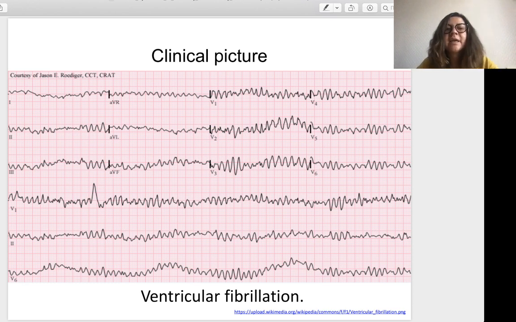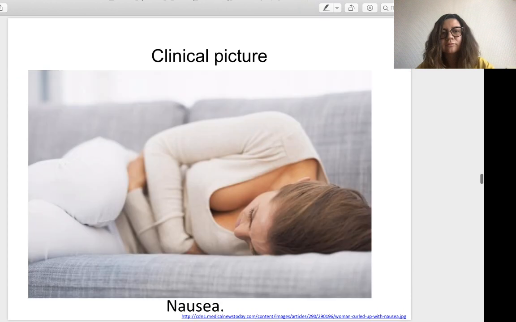And here you see ECG strips. It is an ECG recording of ventricular fibrillation, and it looks like a chaotic line without any rules, without any specific forms of waves, just chaotic and non-synchronous constrictions of ventricles. Next sign is nausea.